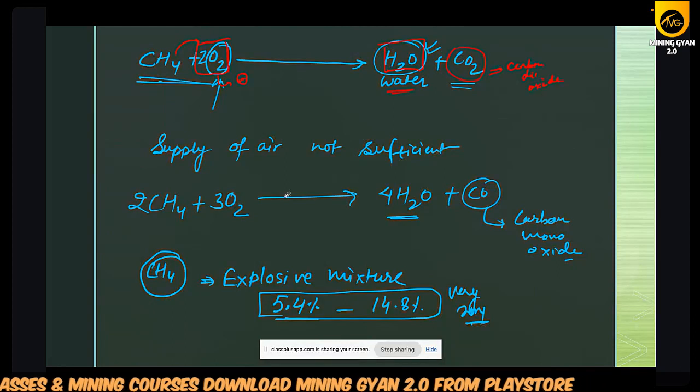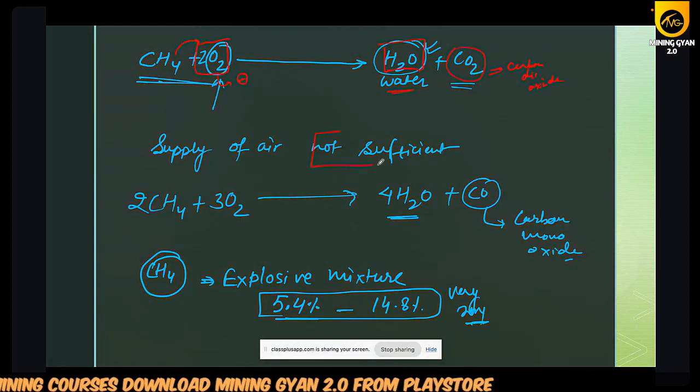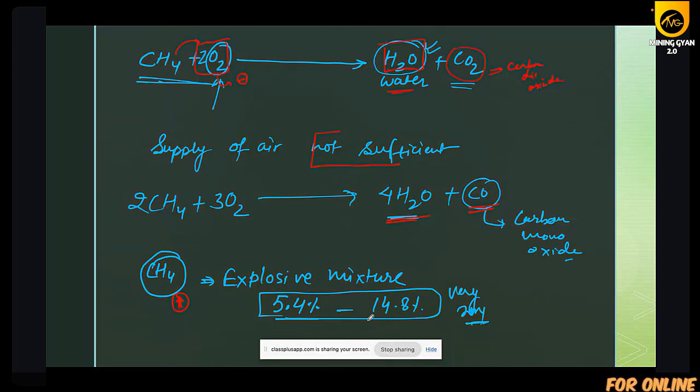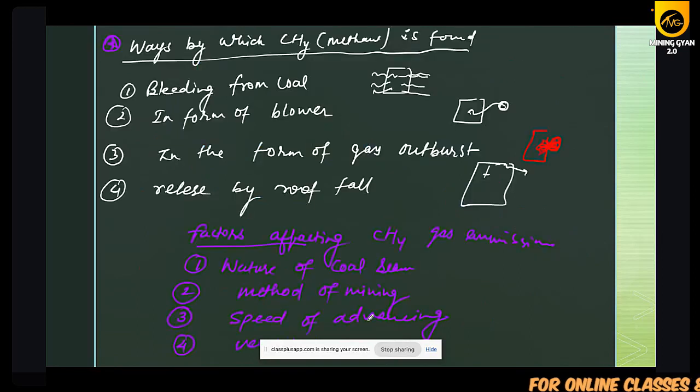Okay, and if the supply of air is not sufficient, then it will form water as well as carbon monoxide. So please remember this fact: the methane explosive mixture is 5.4% to 14.8%. Very important.